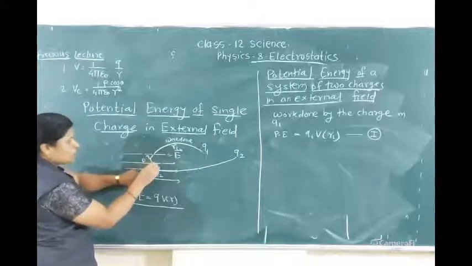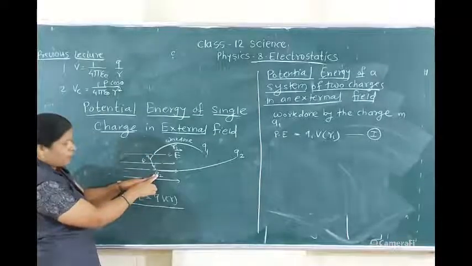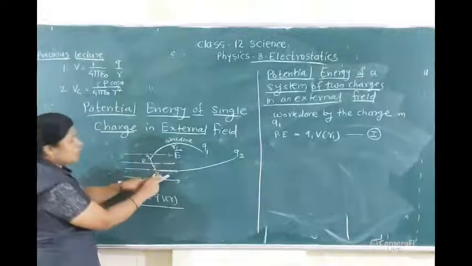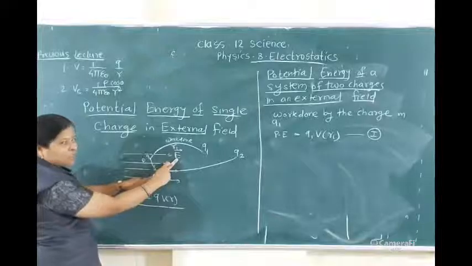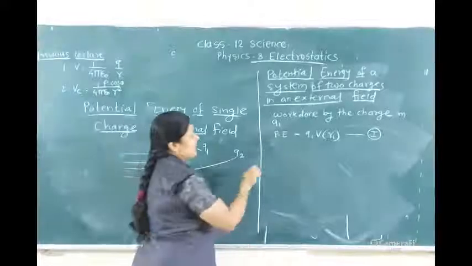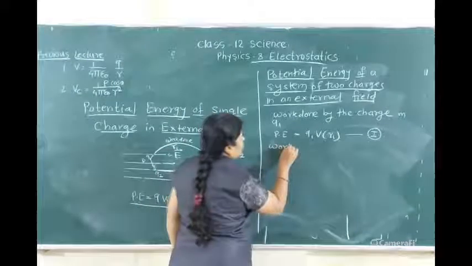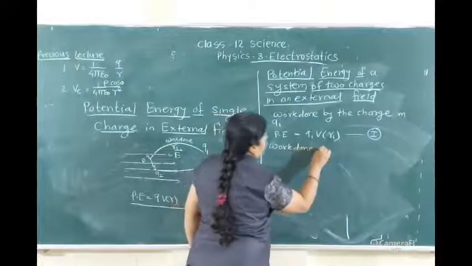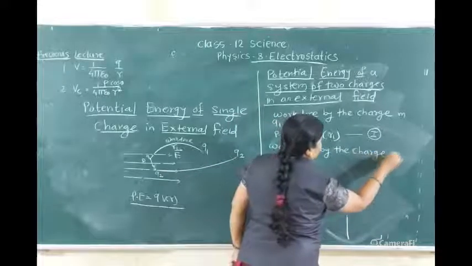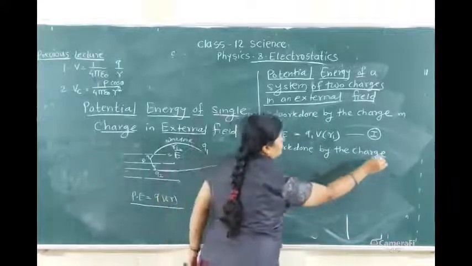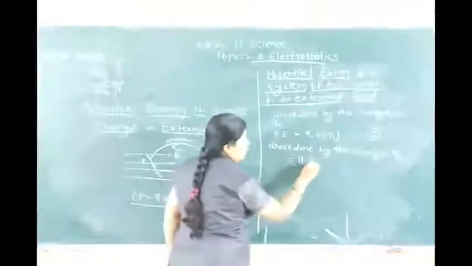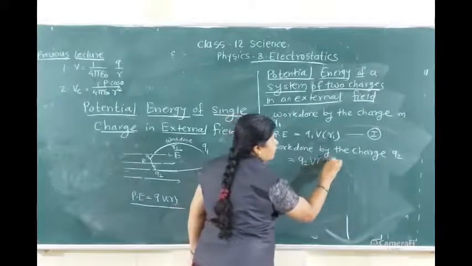So work done by the charge Q2 is Q2 into phi R2. It's the initial work done, and when this charge is in the external field, then Q1 also acts on that charge Q2.